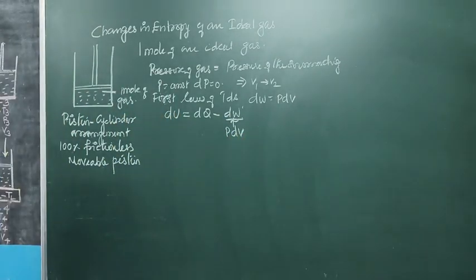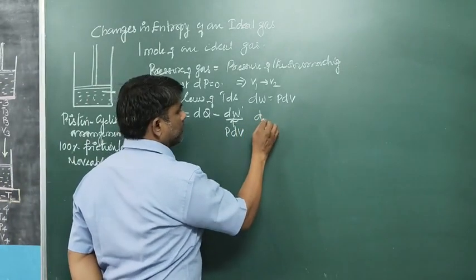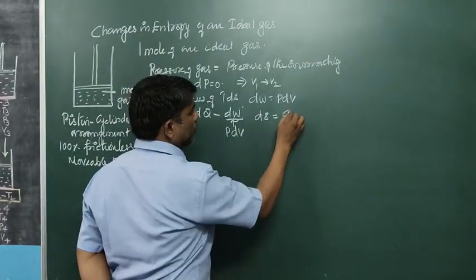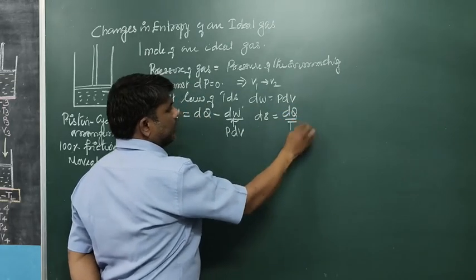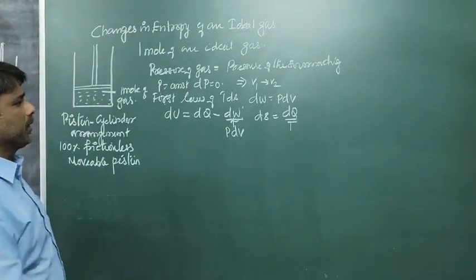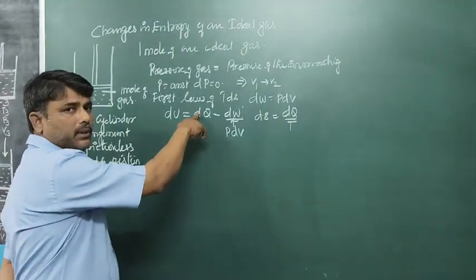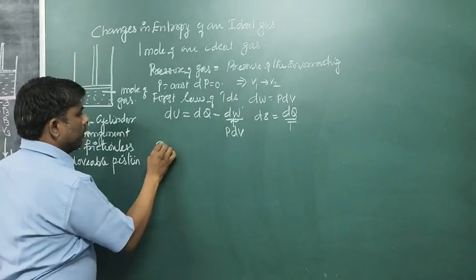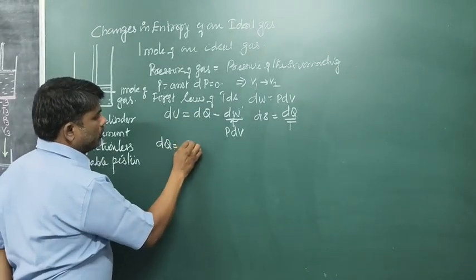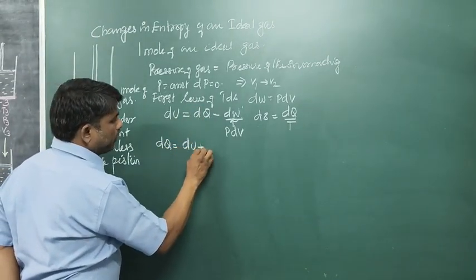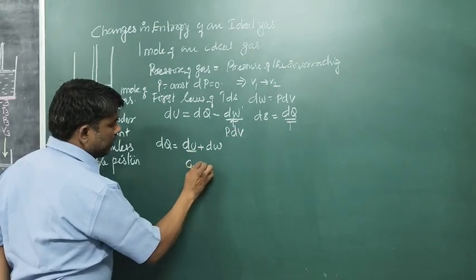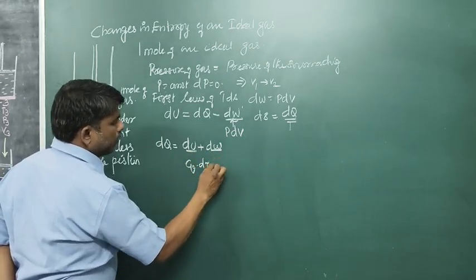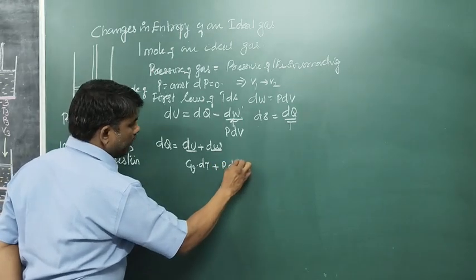From the second law of thermodynamics, the mathematical representation is that the change in entropy is dQ by T. So I am going to put this equation here. dQ is equal to dU plus dW. dU is Cv dT, and dW is P dV.